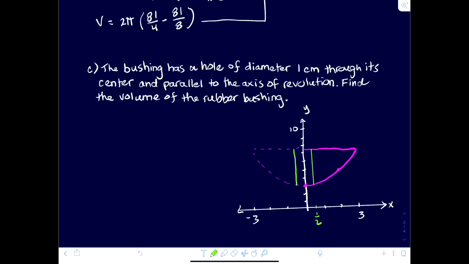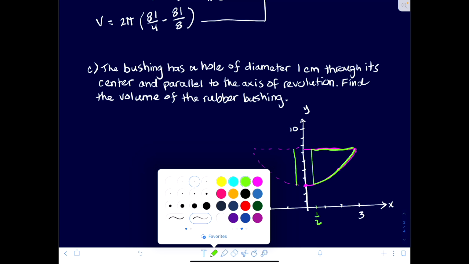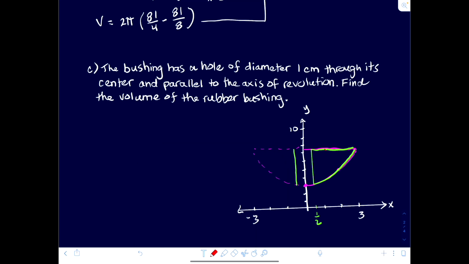Does that make sense? So what's going to happen is this. Your actual shape that you're working with is what I've outlined here in green. And that allows for our hole. And so our rectangle, like usual, will look like this.